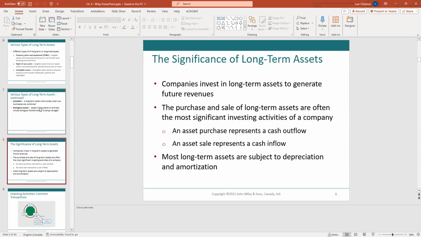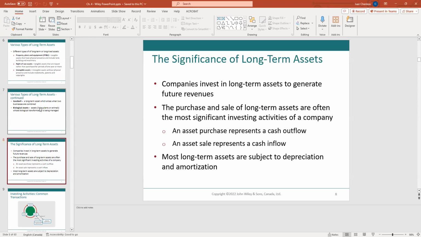Now, why is the long term significant? Because if the company wants to stay for a long period of time and sustain for the foreseeable future, it has to invest in long-term assets, because those are the ones that are going to generate future revenue.